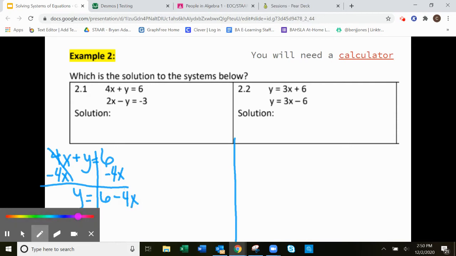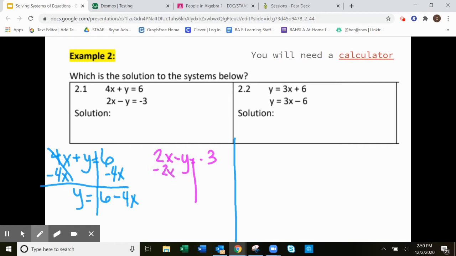And then my second equation, 2x minus y equals negative 3. I am going to subtract the 2x because it is a positive 2. Negative y equals negative 3 minus 2x. Now, because this is a negative y, we still have to divide.